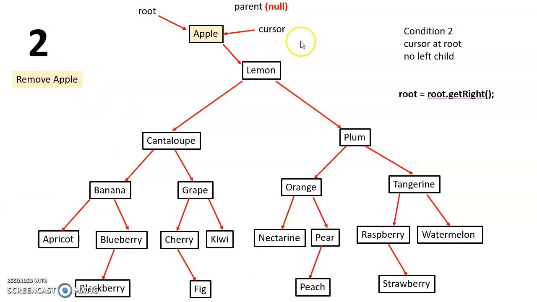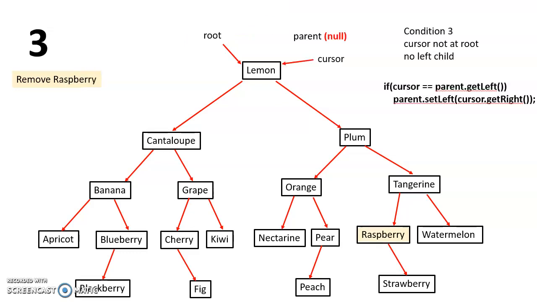But we want to remove apple. Well, we found it. That was quick. Okay, so we'll look back at one of the conditions, but at least the pointers are in the right place. So this one here, we want to remove raspberry.